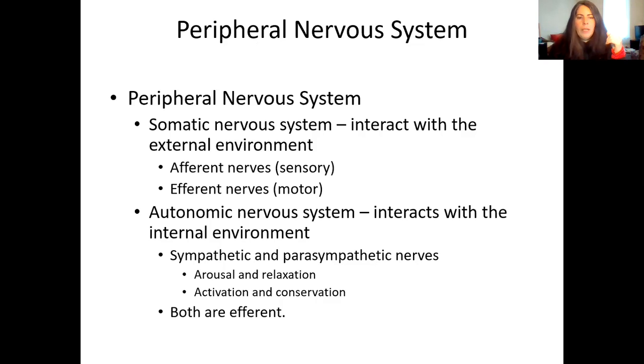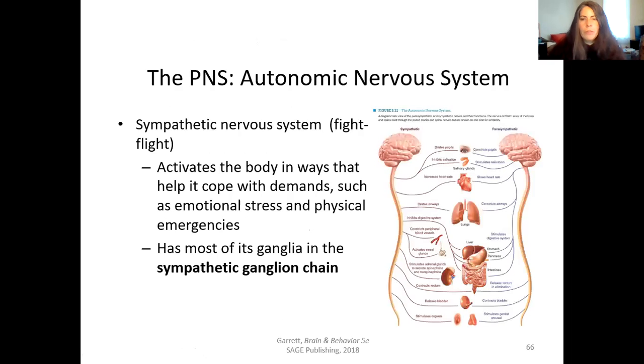No, I'm sorry. It's arousal and activation for sympathetic, relaxation and conservation for parasympathetic. Both are efferent information exiting the central nervous system. Here are the nerves interacting with different organs or glands.